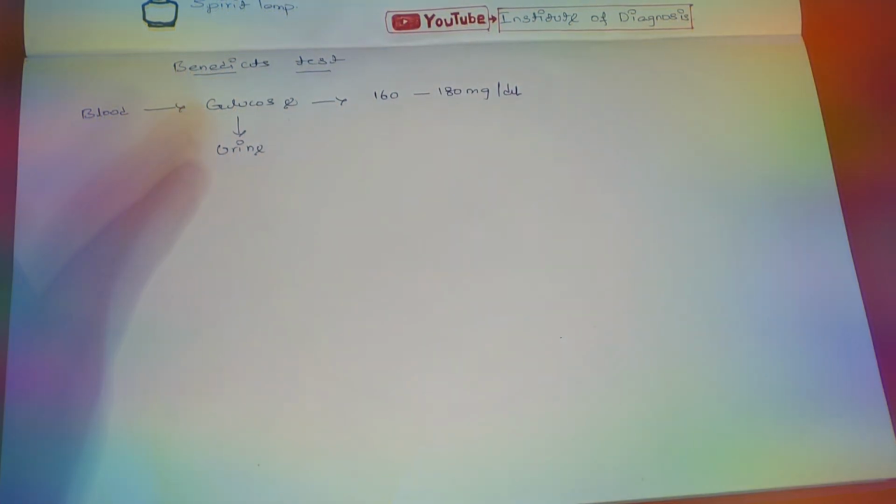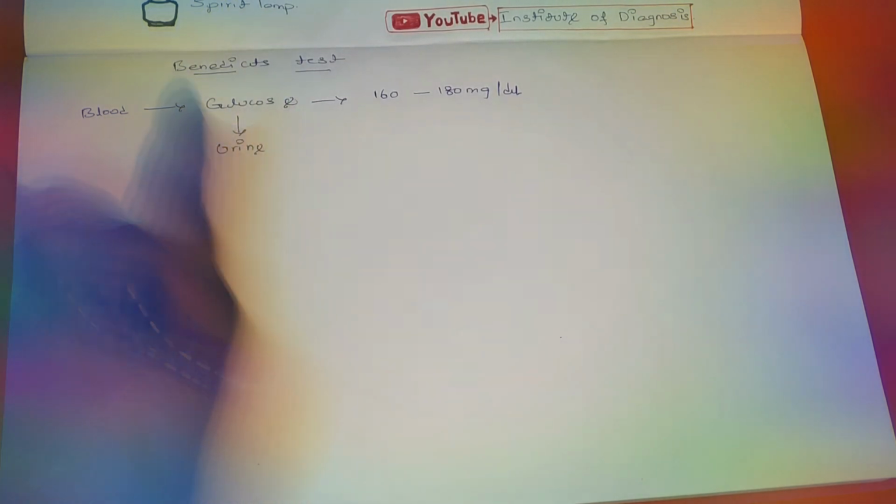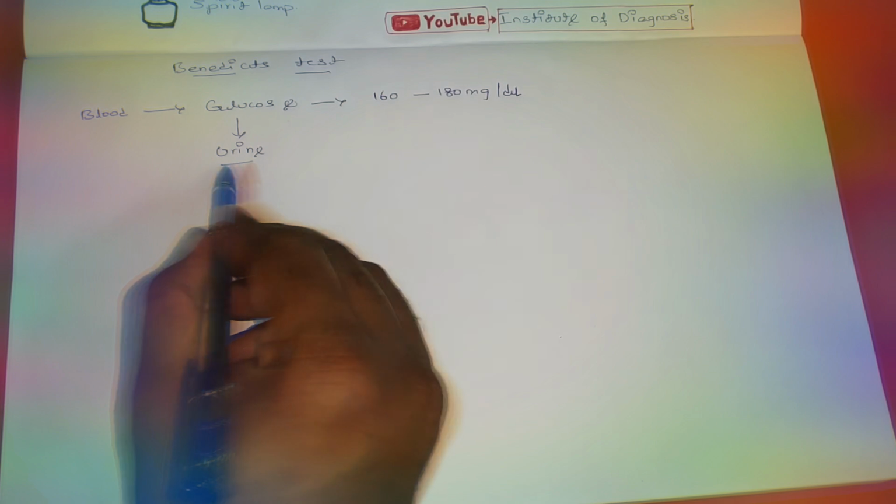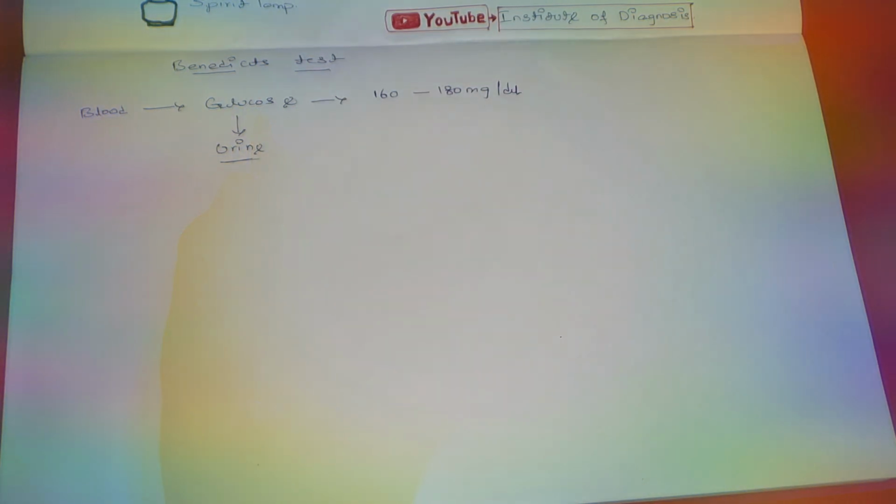When this glucose is excreted in the urine, then we will perform this Benedict test to identify whether the urine is containing glucose or not.